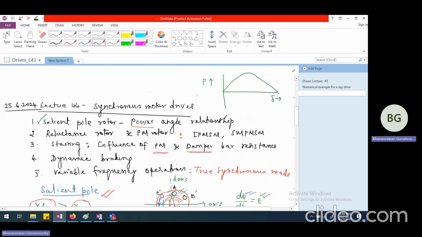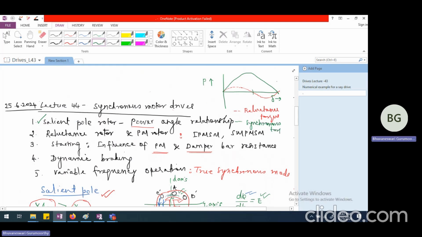The other one that is actually in 2 delta, so I will have the reluctance torque varying somewhat like this. So this red color thing is reluctance torque for a salient pole machine, whereas the green color curve, what I have shown, is the synchronous torque.